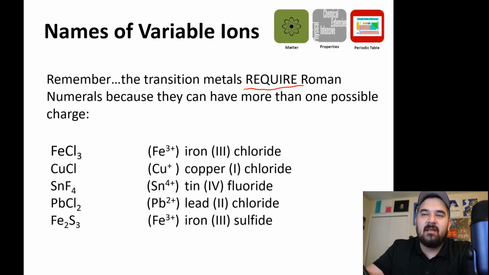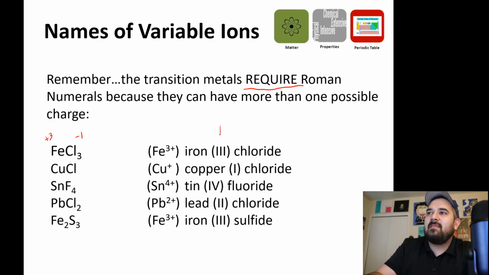So here we have iron bonded with 3 chlorines. And because we know chlorine has a charge of -1, we know that we have a charge of +3 over here with the iron. And that's why we write the 3.